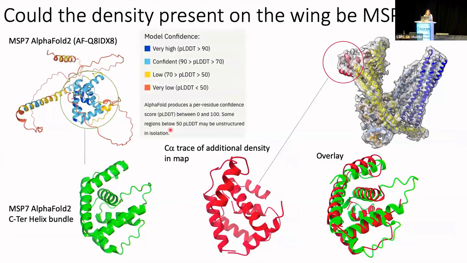Looking at AlphaFold predictions of merozoite surface proteins, we managed to find a match to this C alpha trace. The MSP7 C-terminal helical bundle perfectly overlays with our C alpha trace of the additional density in the map, suggesting that MSP7 is present in both the uncleaved and cleaved MSP1.